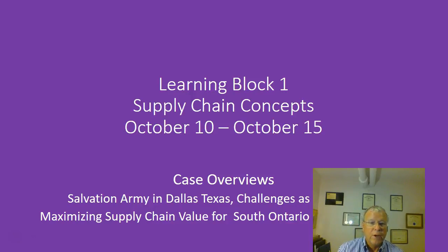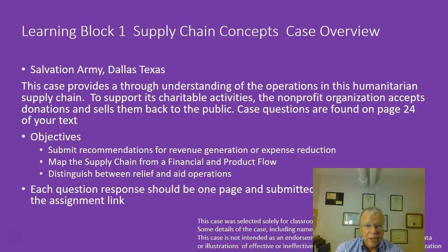So here we go. As I said, group 1 is going to do a case out of the text. It's on the Salvation Army of Dallas, Texas, and it's about supply chain challenges for a nonprofit humanitarian agency.